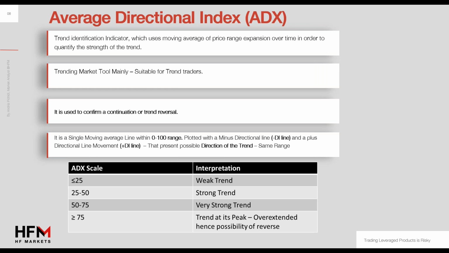Other than observing the actual candlesticks, the price action, we're going to have an extra confirmation whether we are in a ranging mode, consolidation mode, or whether we have an actual trend, by checking the ADX line and whether it's above 50, close to 100, or very weak and close to 0, etc.